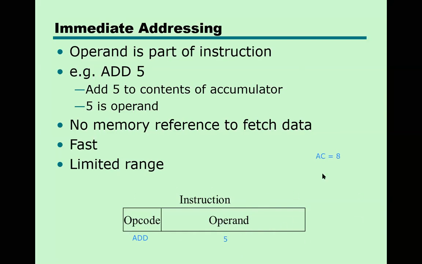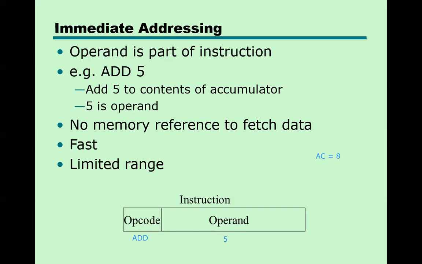Obviously, this type of immediate addressing is fast. It works fast because you do not need to refer to any kind of address. Directly you are considering the same value. That's why this type of addressing is fast.